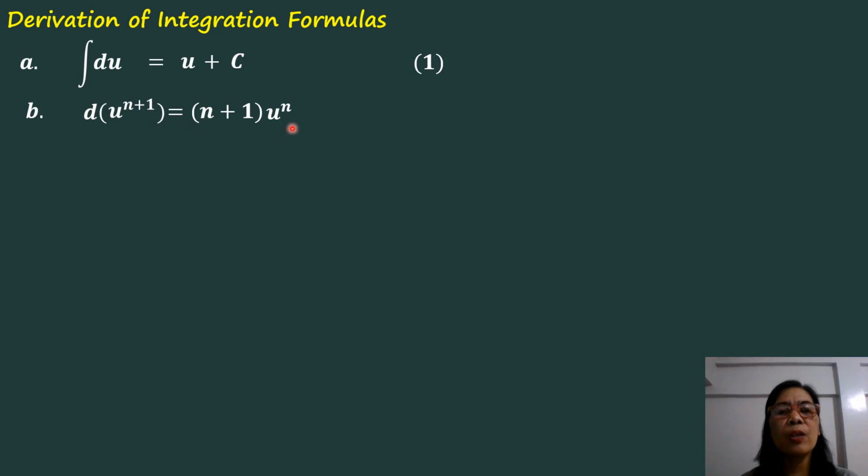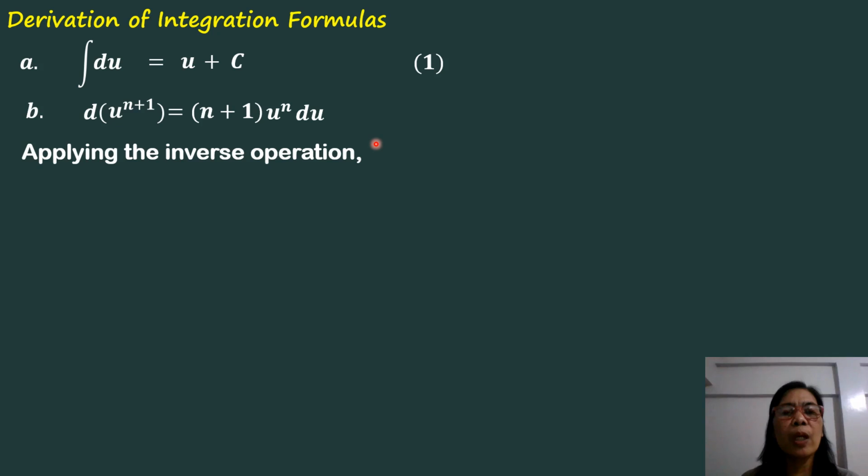So that will only be u raised to n times the differential of u. Then applying the inverse operation, that is, we integrate this differential, the integral of the quantity n plus 1 times u raised to n times differential of u will give us back the original function u raised to n plus 1 plus the arbitrary constant c.